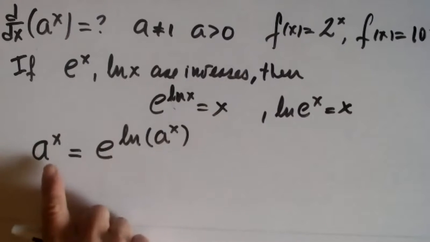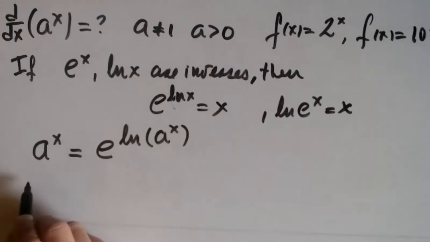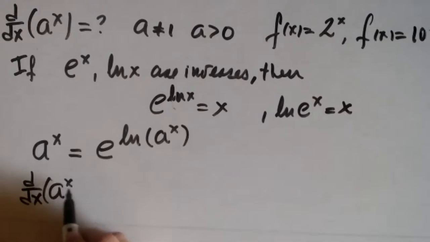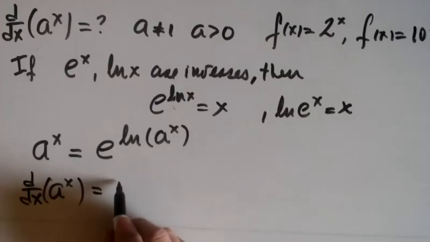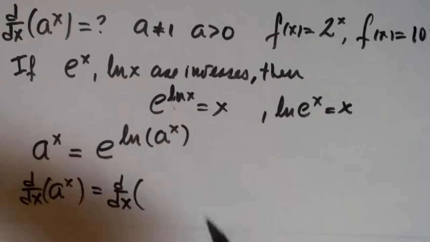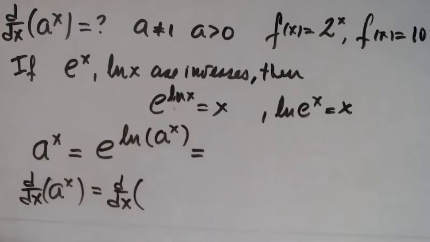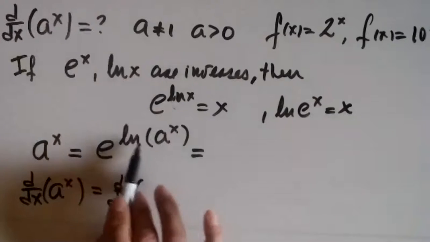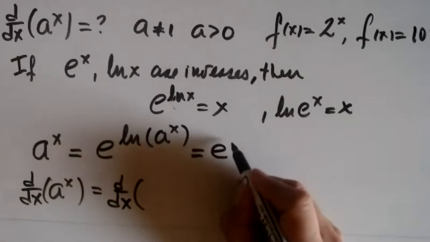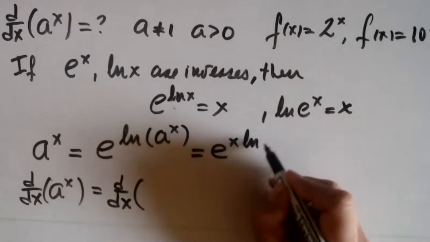So this equals this, and now I'm going to take the derivative. The derivative with respect to x of a to the x is the derivative with respect to x of this expression. But I'm going to do something. This expression, by the properties of the logs, is going to be e to the x ln a.